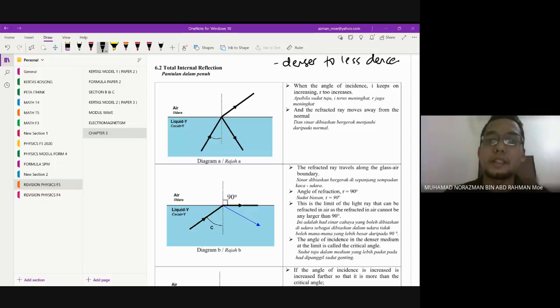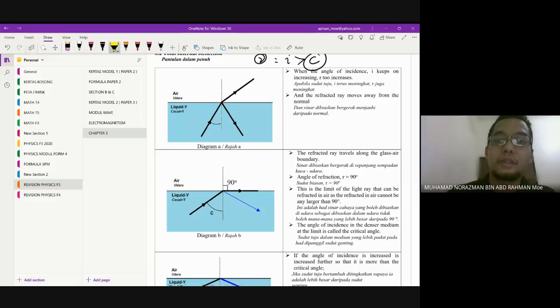Then total internal reflection can occur. So that's the first criteria. Second criteria, angle of incidence must be greater than c, critical angle.